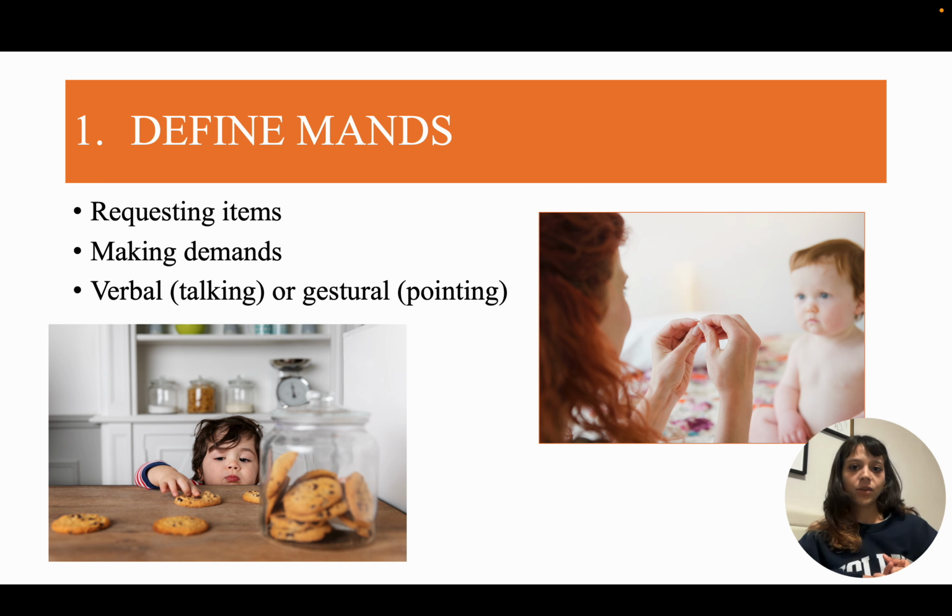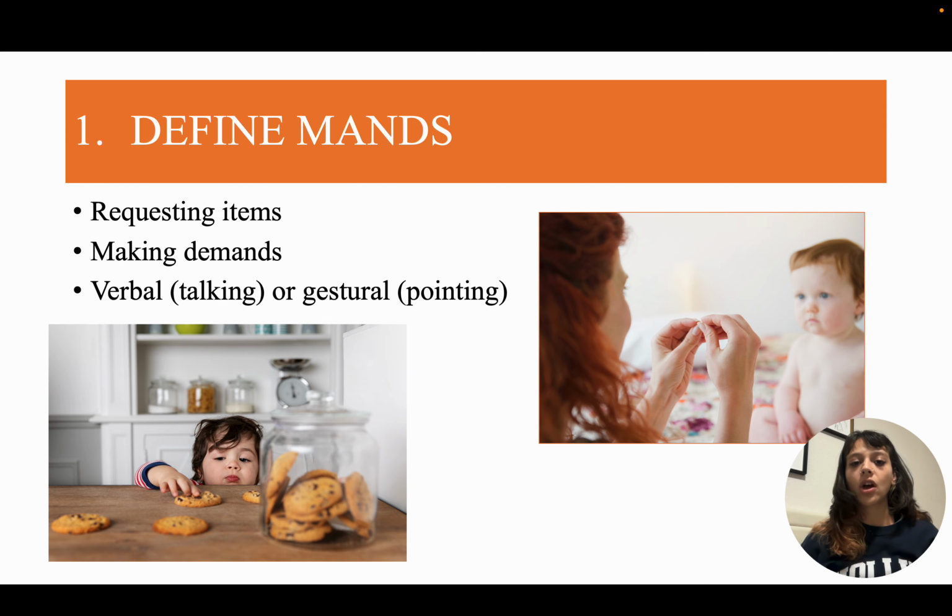The first verbal operand that we're going to talk about is mands. When you think of manding, it's kind of in the name. You can think of the word demand, because it's a way for us to request or access items in a functional way, right? This doesn't necessarily have to be a full sentence, depending on the learner.